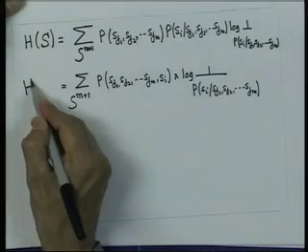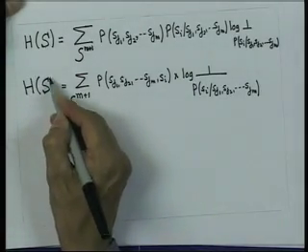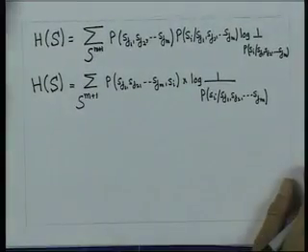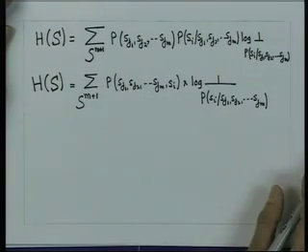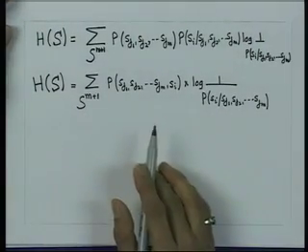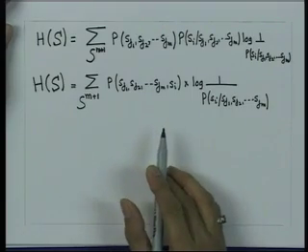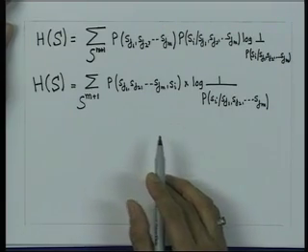So, this is the final expression which we get for the calculation of the entropy of an mth order Markov source. Let us take an example and try to evaluate this expression to get a feel of what we are doing. So, let us go back to our previous example which we had considered, that is the second order Markov source, for which we just calculated the probability of states.